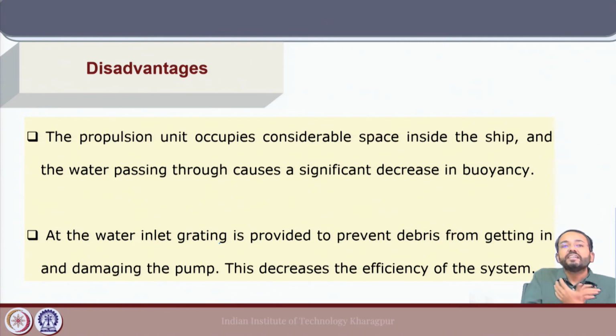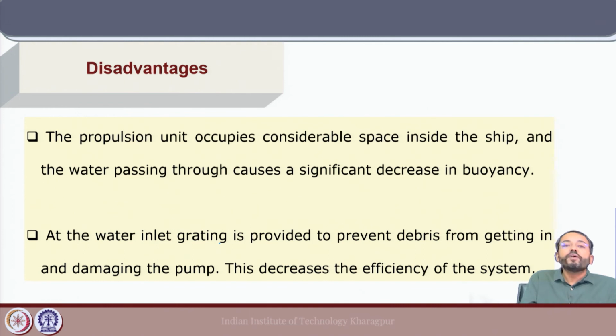And another disadvantage is that because the water jet system takes in a huge volume of water and throws it from the stern of the ship, it should also be critical that if there are debris in the water, that might get into the water jet system and damage the impeller. So, we have to use grating which is put at the inlet of the water jet system, so that these debris or other floating objects do not enter the water jet system.